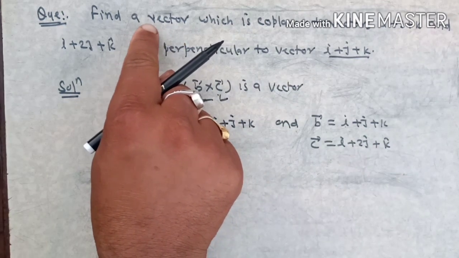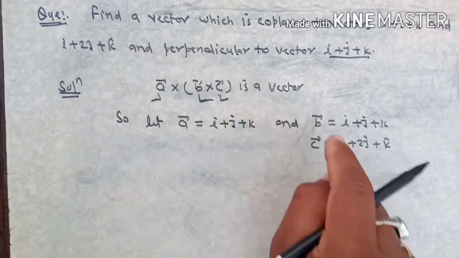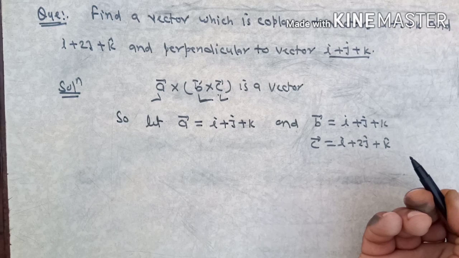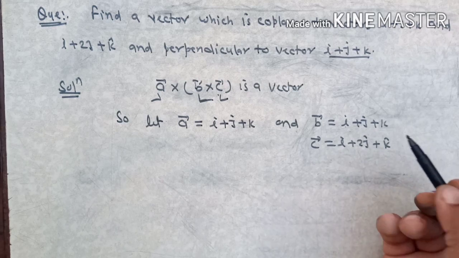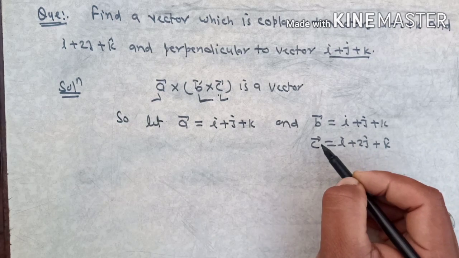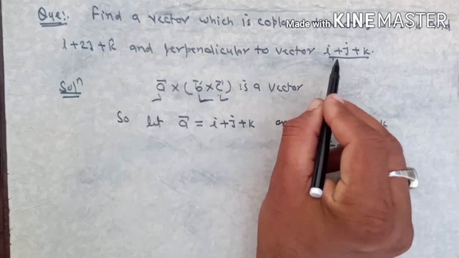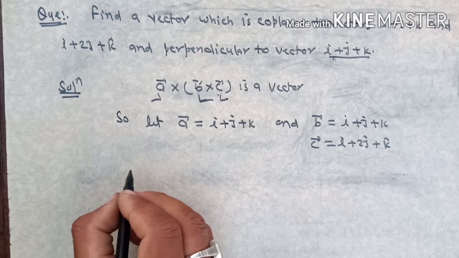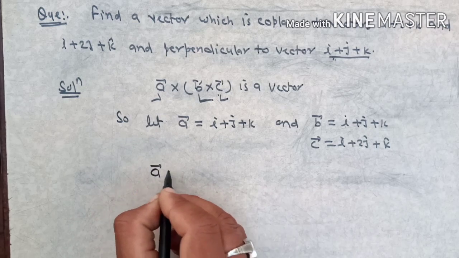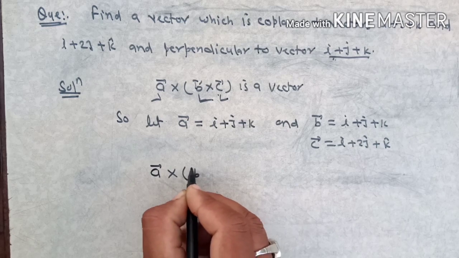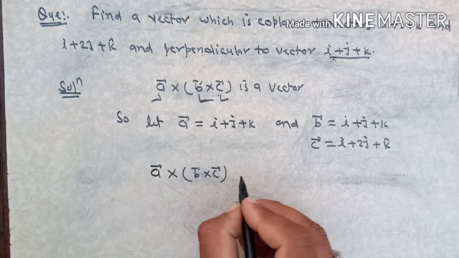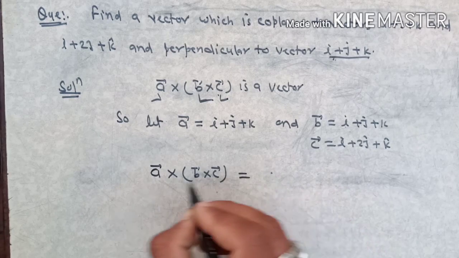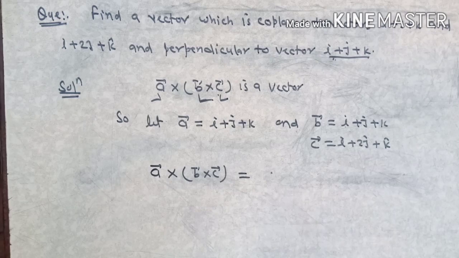We have to find a vector which is coplanar to vector B and vector C and perpendicular to this given vector, that is vector A. So we have to find vector A cross B cross C. First of all, by using the formula we can find the vector.